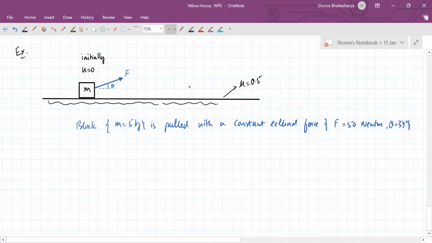Now we want to find out that by the time this block reaches this position here, what its speed becomes, given that its displacement is s. So we want to find its speed v at a displacement of 20 meters.